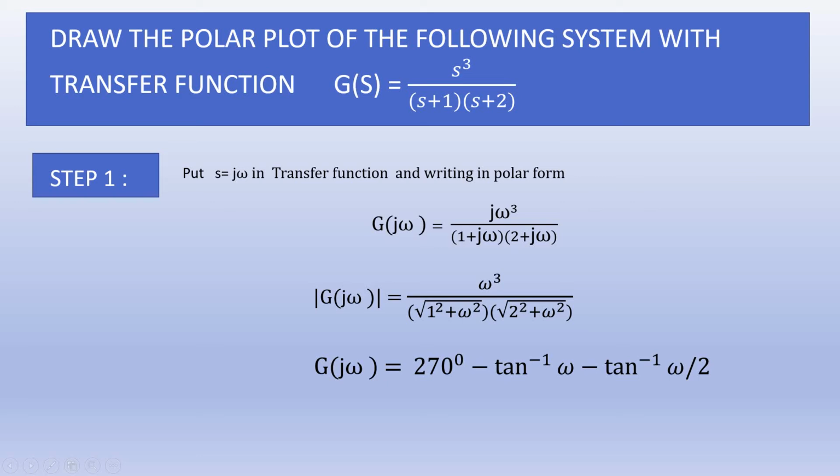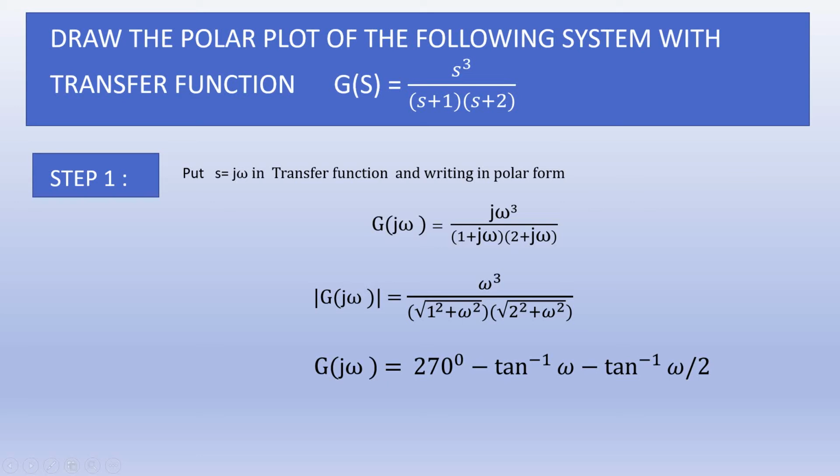And we need to find out the phase angle of this frequency response. To do that, we have three poles which are at the origin, on the positive imaginary axis. Positive imaginary axis corresponds to the anti-clockwise angle of 90 degrees.